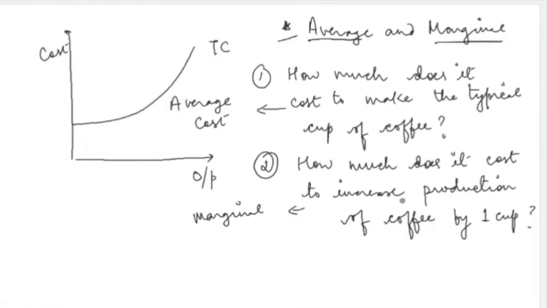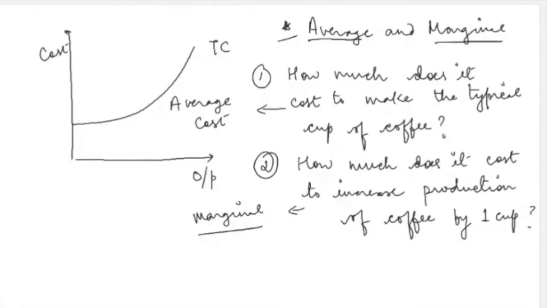So how much does it cost to increase production of coffee by 1 cup? If you increase the production by 1 unit, how much change would you notice in your cost is basically the marginal cost. So marginal cost tells you the change in cost because of the change in output, and average cost tells you the typical cost. It tells you on an average how much cost you are incurring.